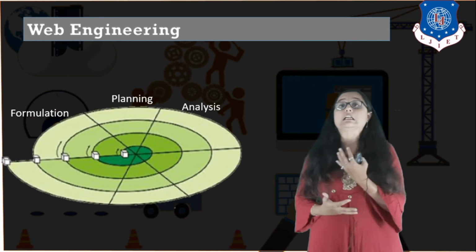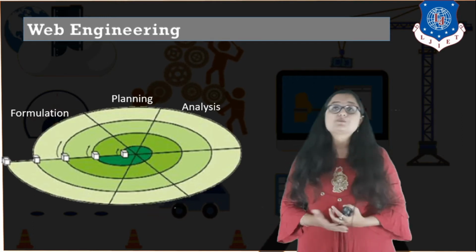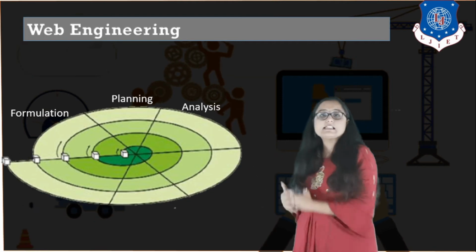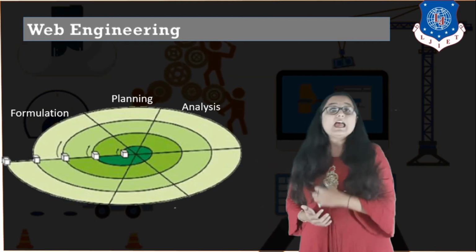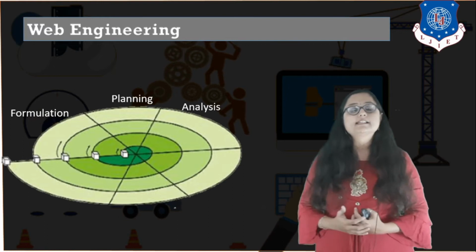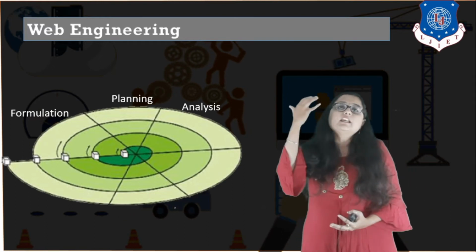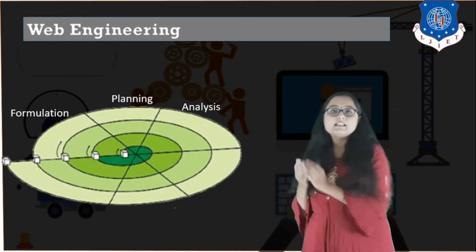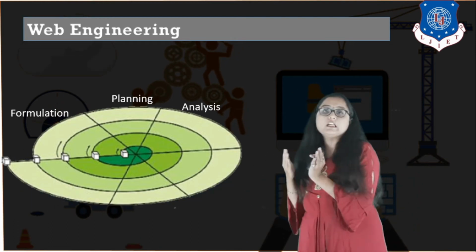All the content that has to be displayed on your web application is identified and collected in the analysis phase, and you are scrutinizing which contents you will actually display on the web application and which content is ignored or not included.